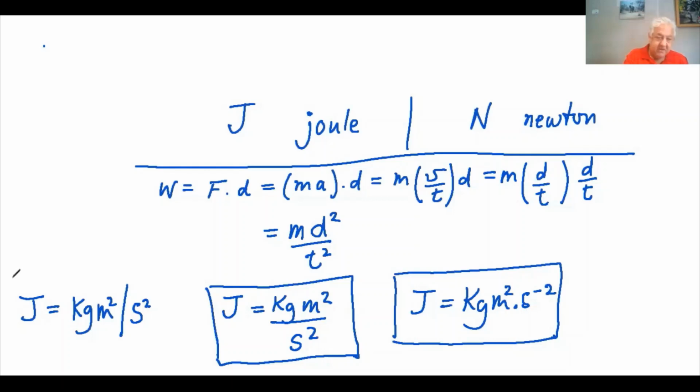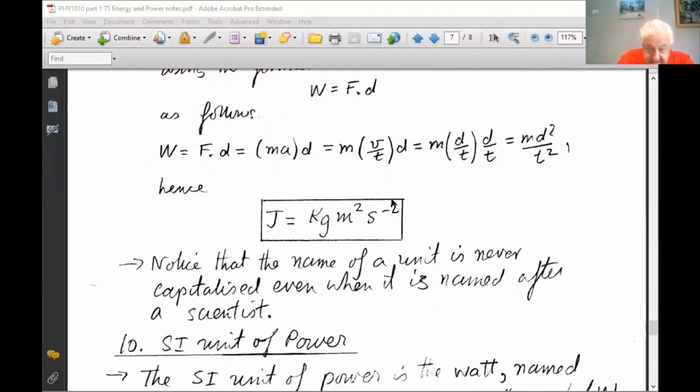So this is the 3 ways you can write your energy in terms of base SI units. It's not too straight. So let's go back to the whiteboard, to my notes. Okay, so this must be a 2, so I emphasize that. It's a mistake.